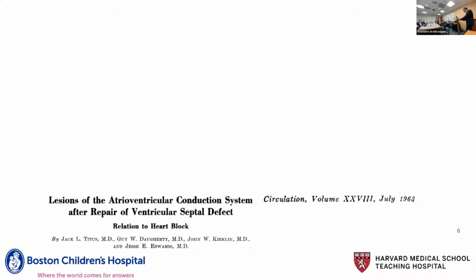So Luis had asked, how is this related to surgery and what we do? This is a paper from a long time ago from Rochester, Minnesota, from Dr. Jesse Edwards' group. Jack Titus is the lead author on this paper. Basically, they looked at postmortem hearts of patients who succumbed after repair of a VSD.